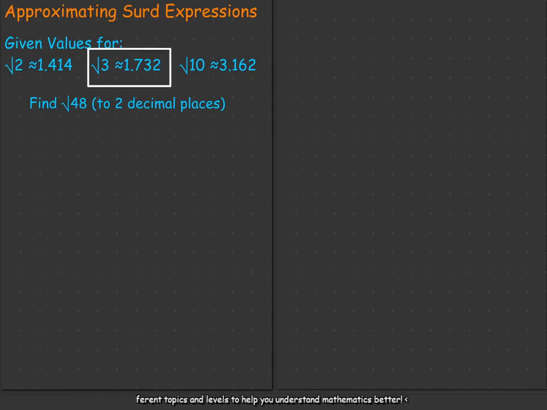So as you see over here, we have all these values. Based on what we have been given, we also want the approximated values of other expressions that can be expressed in terms of what we have been given. How do we go about them?